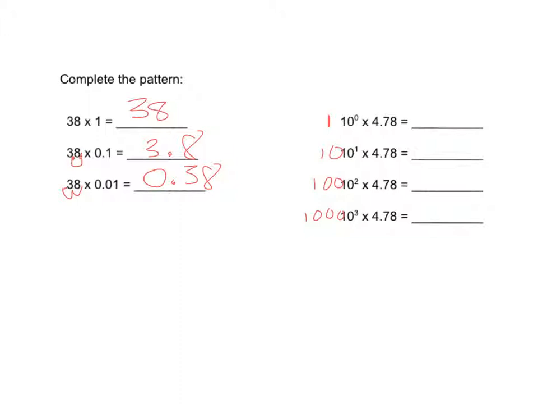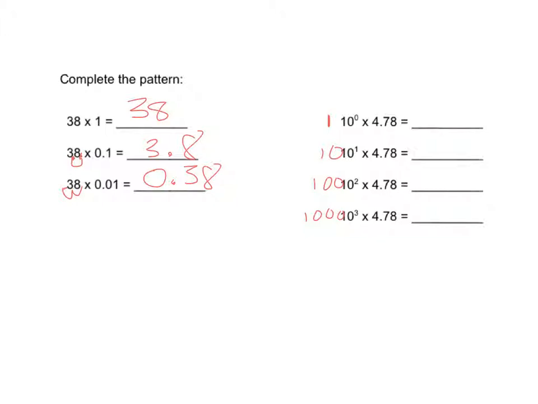My favorite way is to look at my exponent, the small number up at the top, and that tells you how many zeros you should have when we're dealing with tens. So 10 to the first power should have 1 zero. 10 to the second power has 2. 10 to the third power, 3 zeros. 10 to the 0 power, of course, has 0 zeros, so it's just 1.